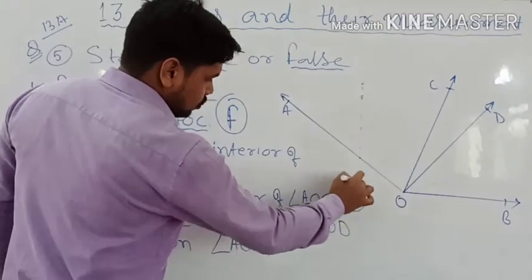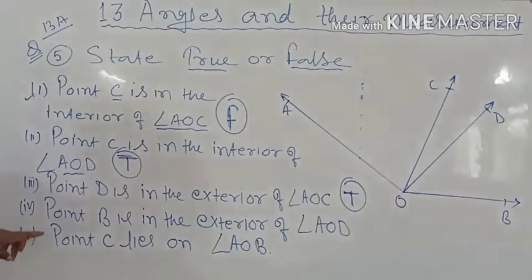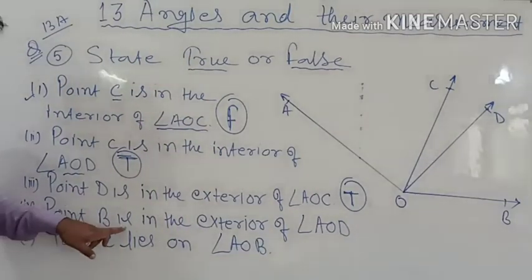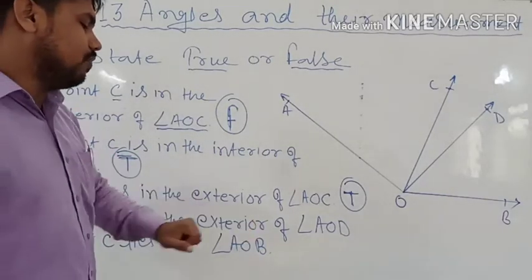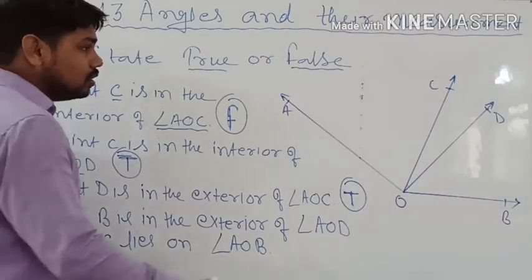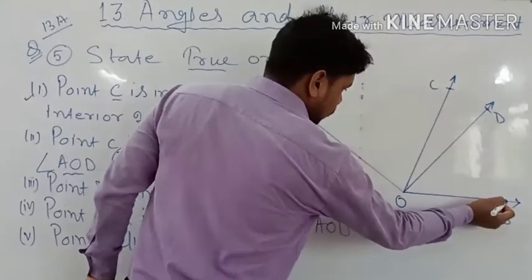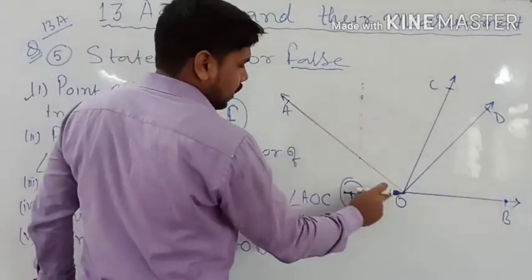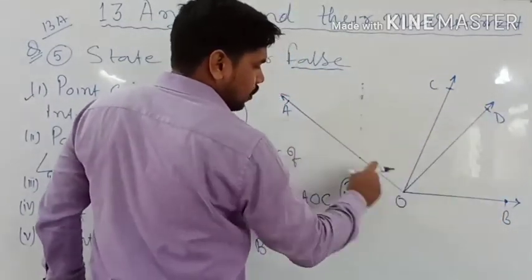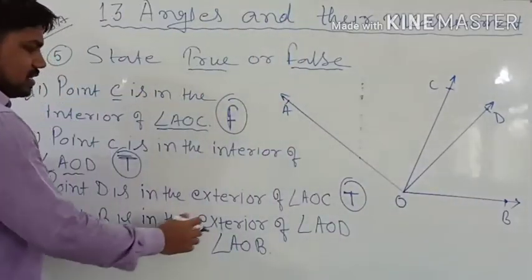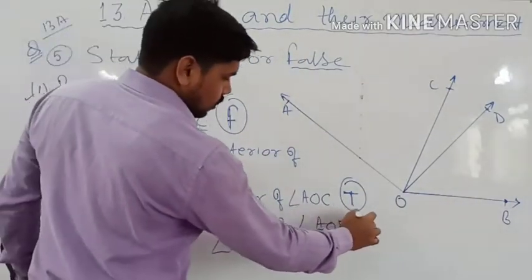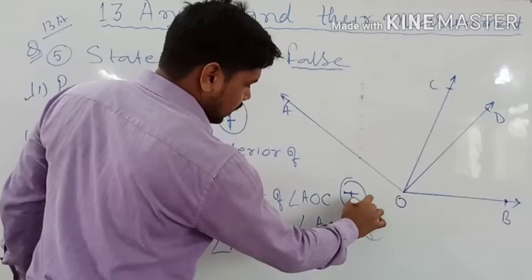Now the fourth one: point B is in the exterior of AOD. Definitely, this is also outside AOD. So this statement will also be true.